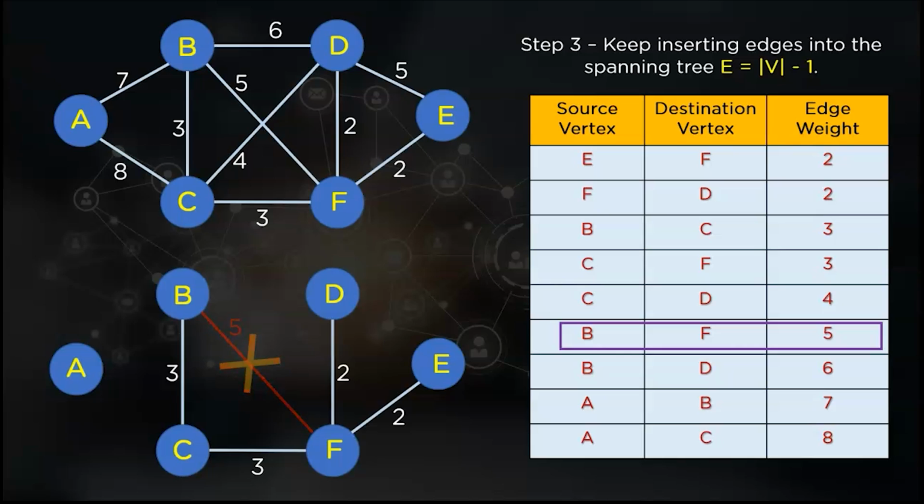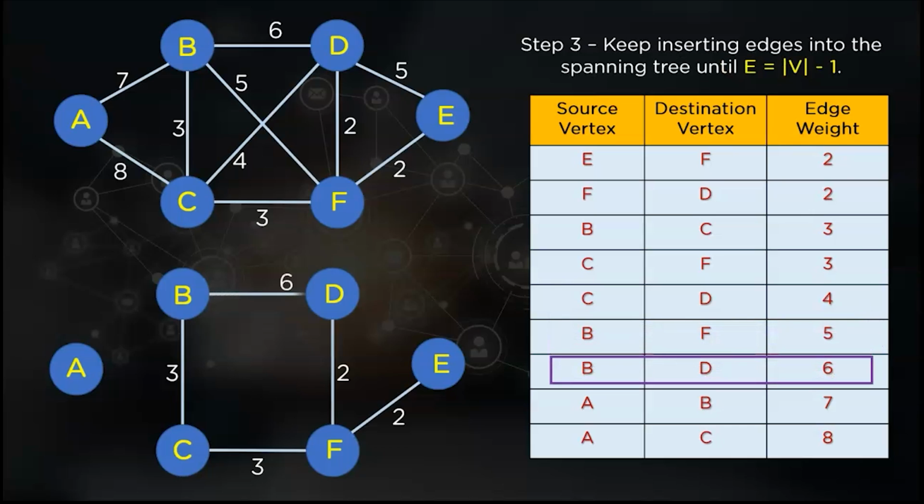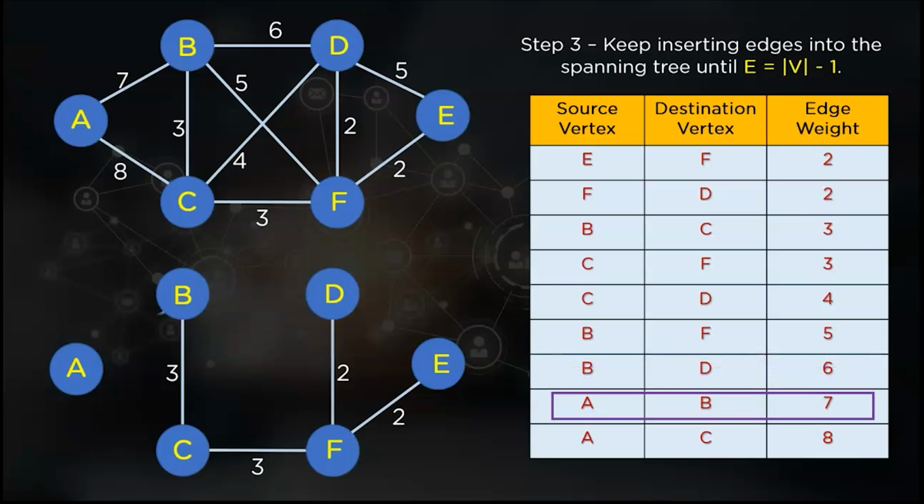So we will exclude this edge as well. The next edge is edge BD. This edge has weight value 6. The inclusion of this edge can also create a loop in our structure, so we'll have to discard this edge as well.